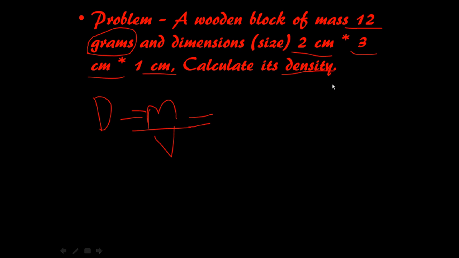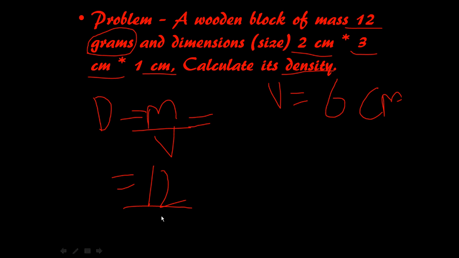So first we have to find out the volume of the wooden block, which is the multiplication of all these quantities: 2 centimeters into 3 centimeters into 1 centimeter gives us a volume of 6 centimeters cube. We put those values in this formula and we get 12 upon 6, which is equal to 2.